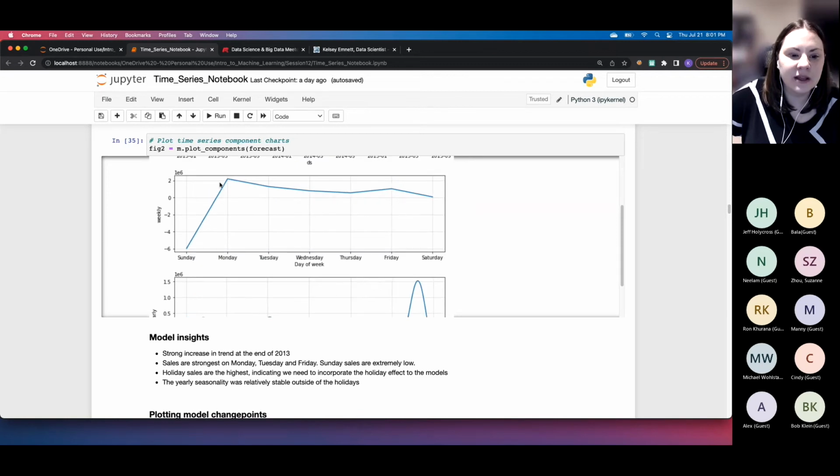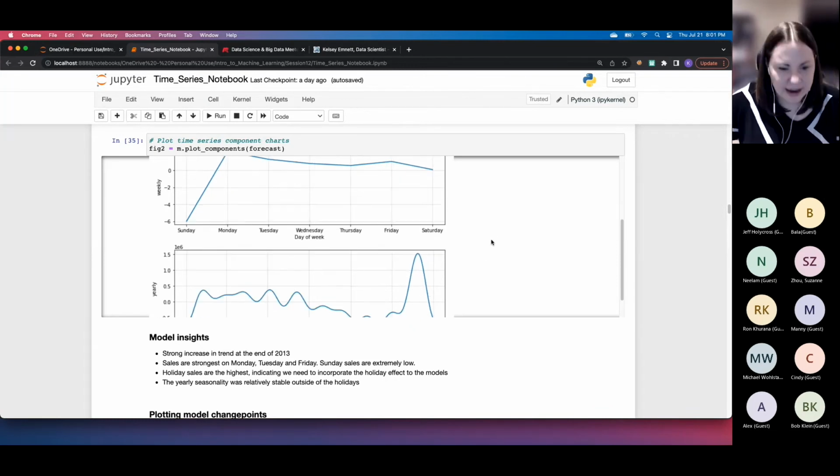It has the weekly trend. In this case, they may have been closed on Sundays, I don't know. But Monday was their busiest day in general. There wasn't a lot of decrease. Saturday isn't busy, which is very strange. I wouldn't have expected this from sales data, but it's a Kaggle data set.